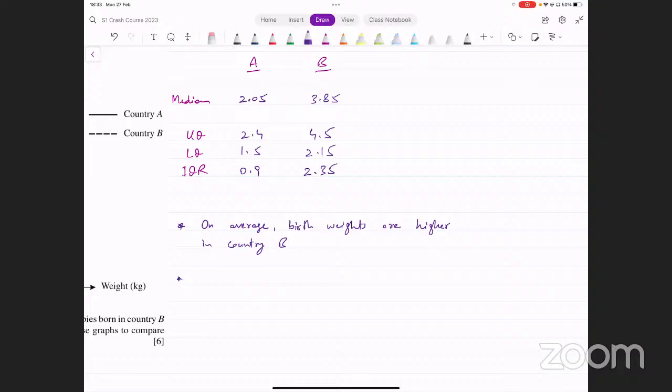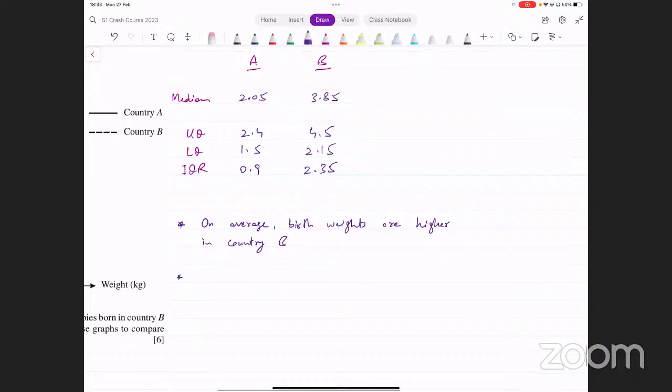Number two, what about the spread? The variation in birth weights is also more in country B. You see, its variation is also greater.